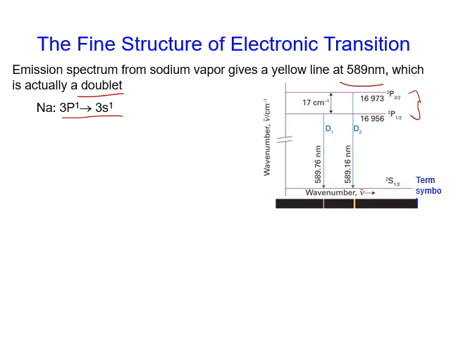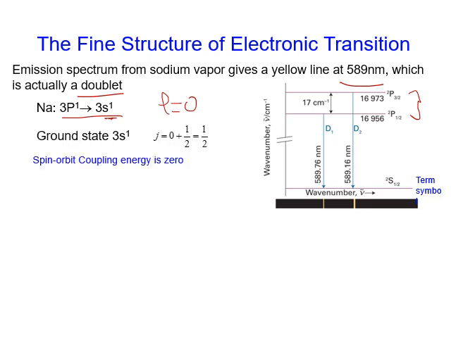In the ground state, when the electron is in the s orbital, the orbital angular momentum quantum number is 0, and therefore there's no spin-orbit coupling. The coupling energy is 0. You only have one energy state.